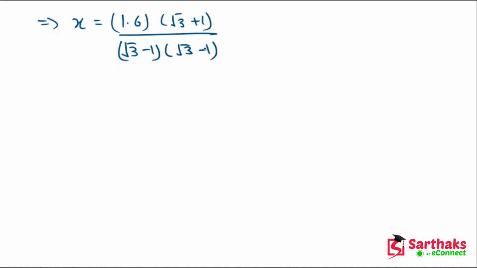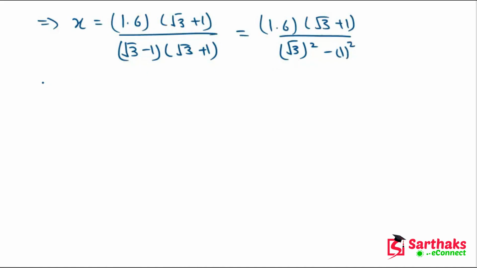So this is like a minus b and a plus b. So we get 1.6 multiplied by root 3 plus 1 divided by root 3 squared minus 1 squared. So x equals 1.6 times root 3 plus 1 divided by, root 3 squared means 3, 3 minus 1 is 2.